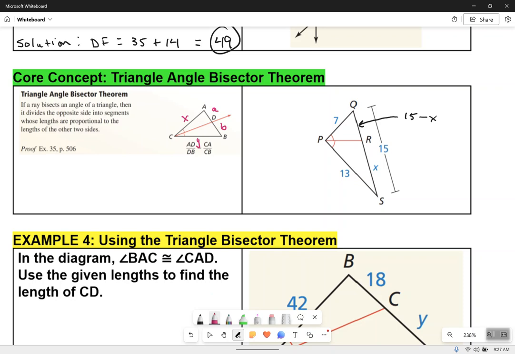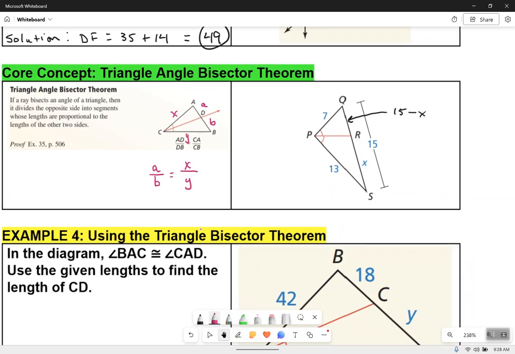What this is saying, guys, is the ratio of the side it divides, in other words, A to B, will be the same as X over Y. You can look at all the segment notation here, but the way I label it, the distance from A to B would equal the ratio of X to Y, wouldn't it?